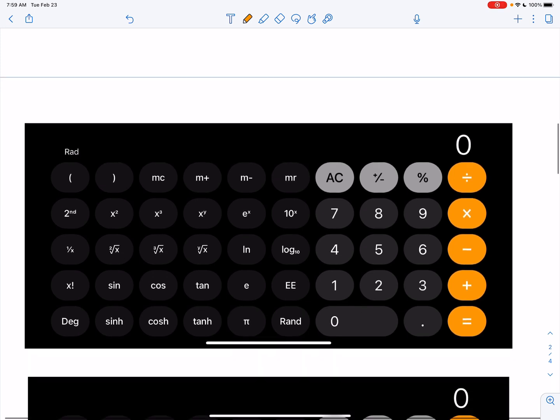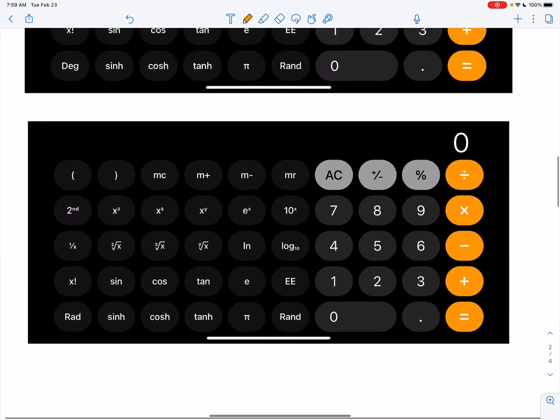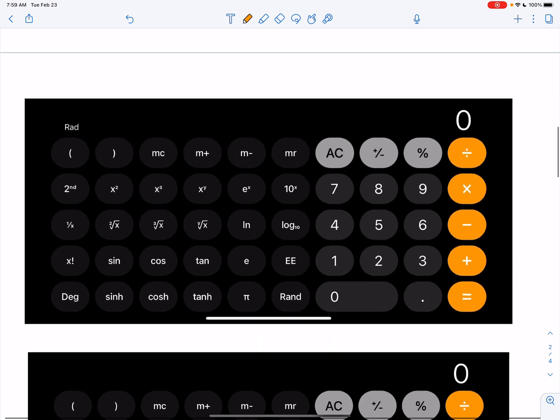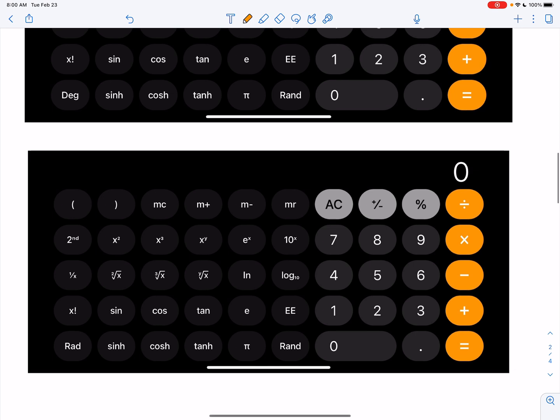Now remember, on your calculator, whether you're using the phone calculator or not, there has to be some type of mode. For instance, right now on mine, it's in radian mode. What that is, we'll talk about in a second. If it doesn't say anything there, it's implied that it's in degree mode.